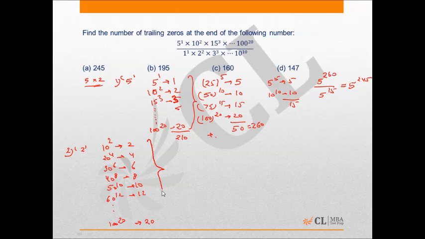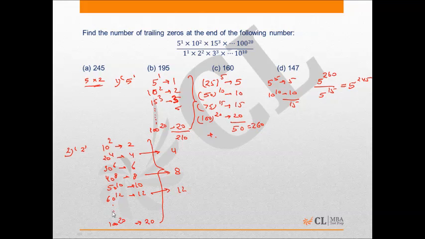Apart from this, whenever we have a multiple of 4, we'll have extra powers of 2. So in case of 20, we'll have 4 extra power. In case of 40, we'll have 8 extra powers. In case of 60, we'll have 12 extra powers.